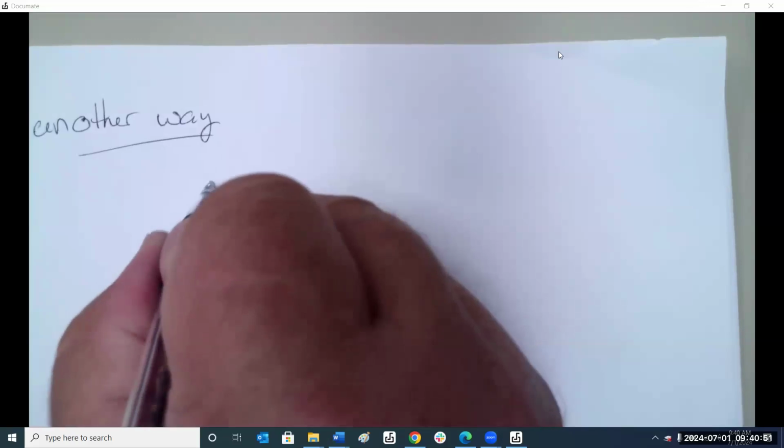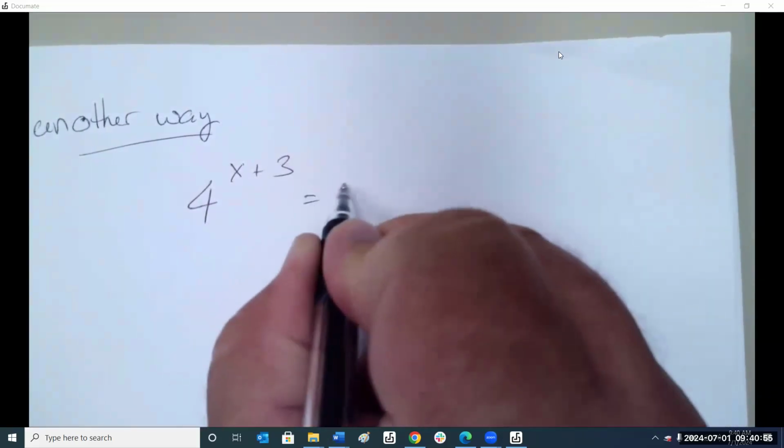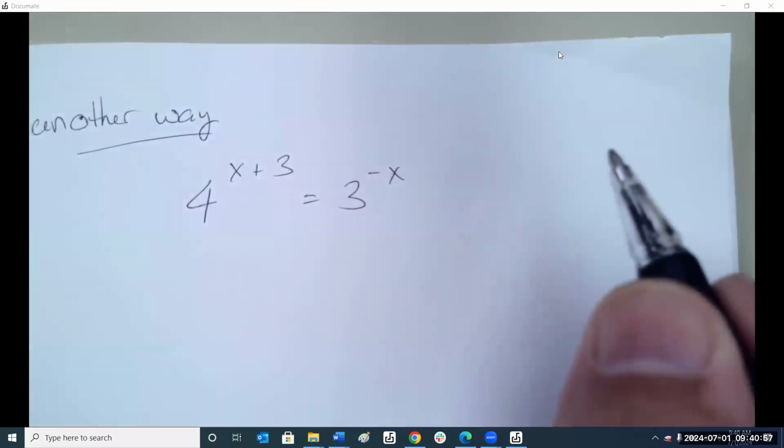Okay, now there's another way we could have done it. That's just one way. As long as you follow the rules, another way. We have 4x plus 3 equals 3 negative x.